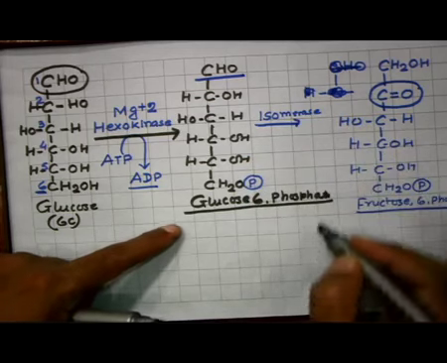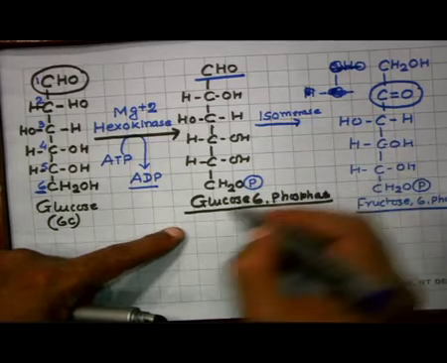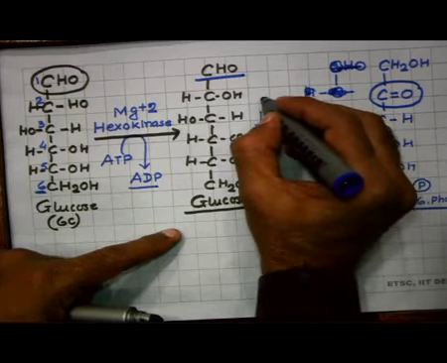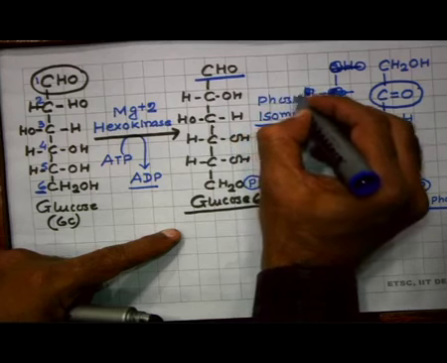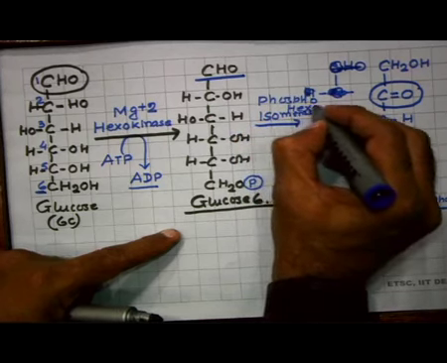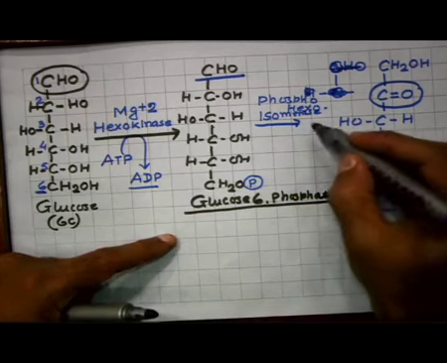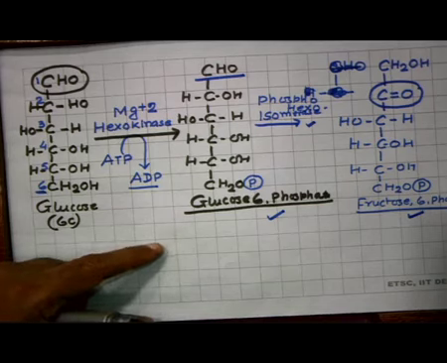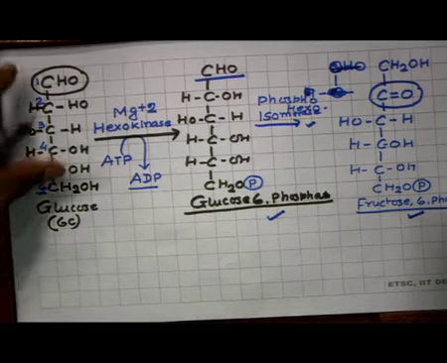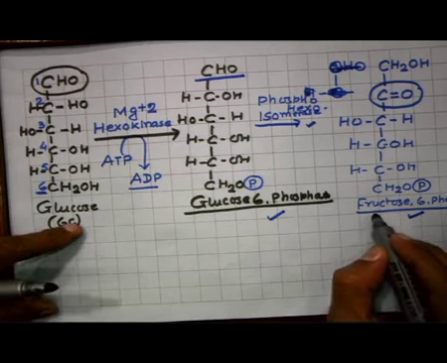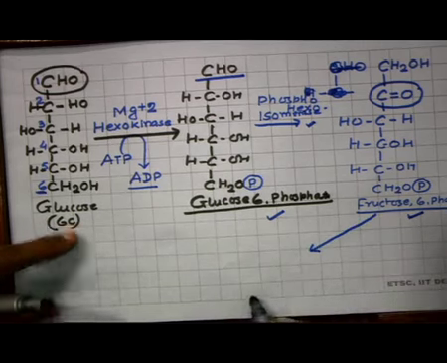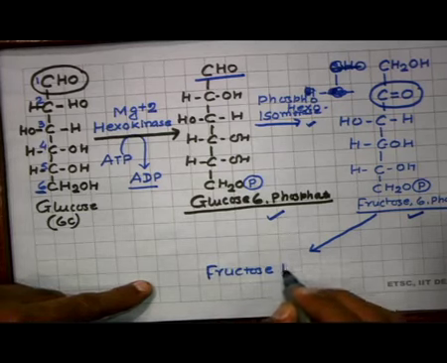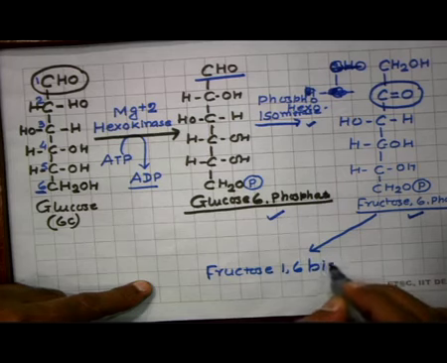Here the substrate is glucose 6 phosphate. So, we can say the enzyme is phosphohexoisomerase. With the help of this enzyme, the glucose 6 phosphate molecule is converted into fructose 6 phosphate molecule. Now, the fructose 6 phosphate molecule is converted into fructose 1,6 bisphosphate.